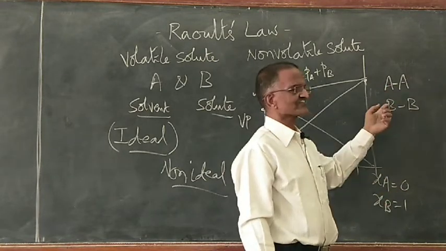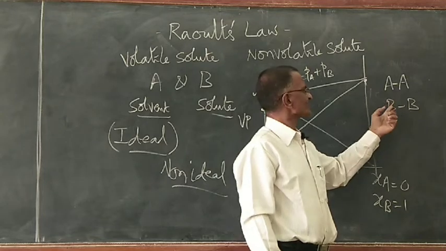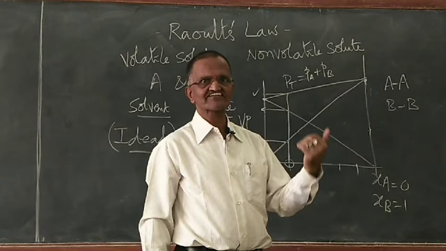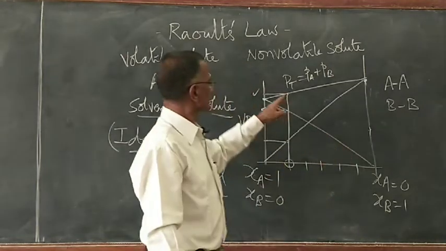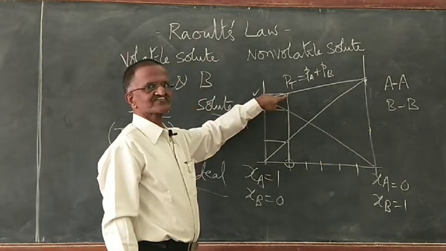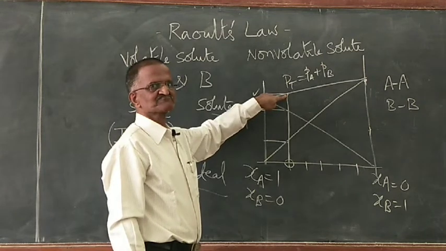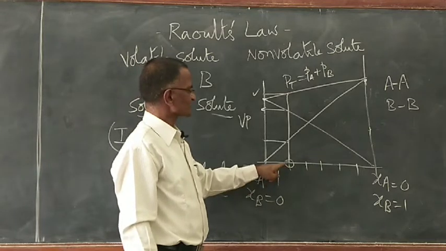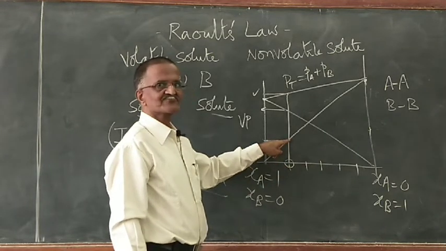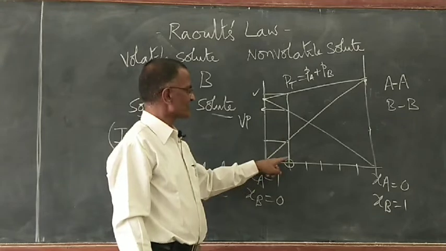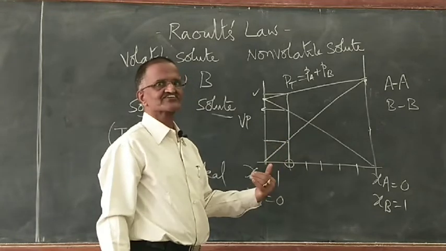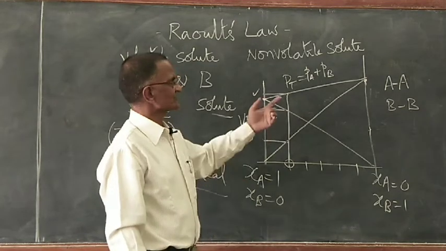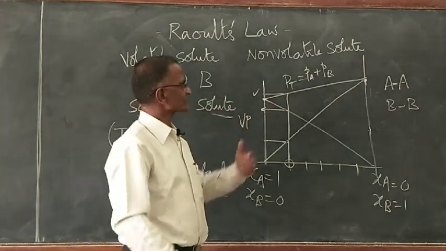When the attractions are stronger, the particles of A and B escaping into the vapor state will decrease. So I expect a particular total vapor pressure on the surface of the liquid solution, but I will not get that value. The number of particles of B escaping into the vapor phase will decrease. That means the vapor pressure contribution of B will decrease because of the stronger attraction it has with particles of A. In the same way, the number of particles of A escaping also will decrease.